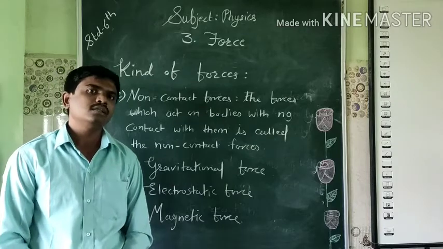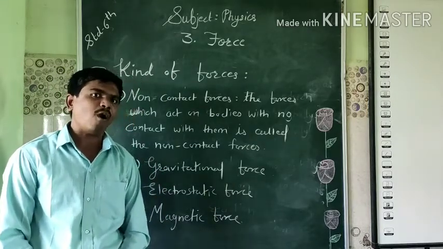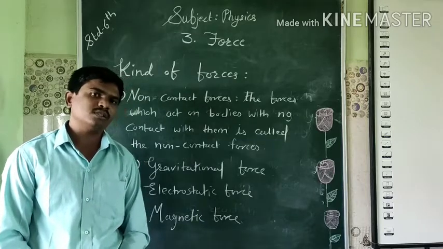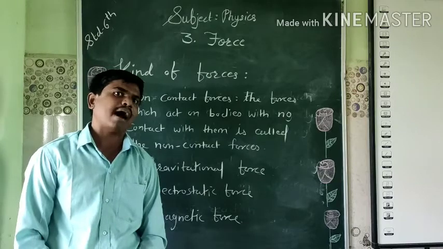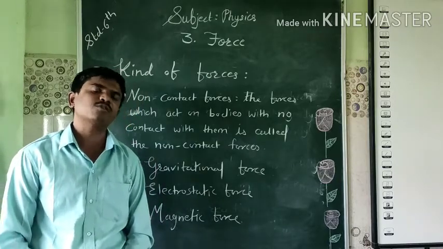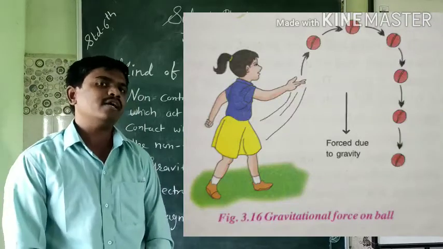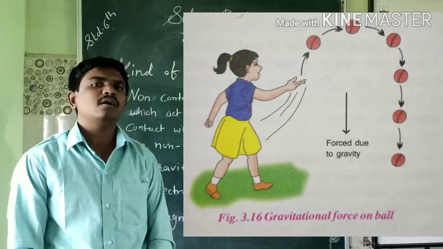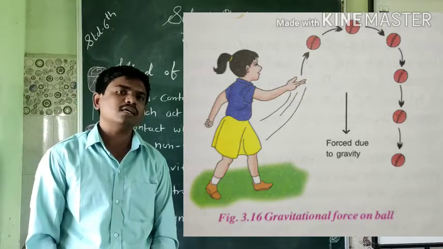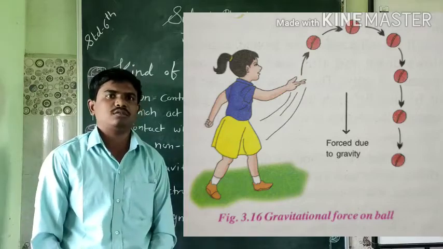For example, leaves or fruits generally fall on the ground because they are attracted by the earth by a force which is called gravitational force. When you throw a ball in the upward direction, after some time it falls on the ground. The ball is attracted toward the earth by a force called gravitational force.